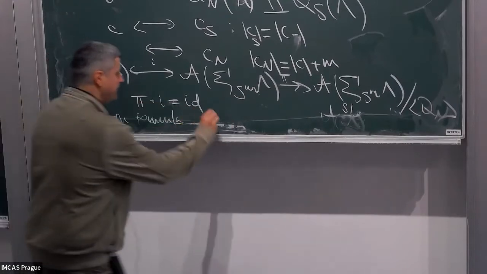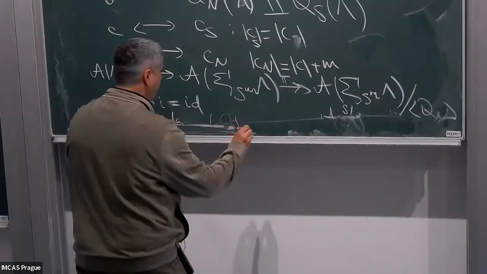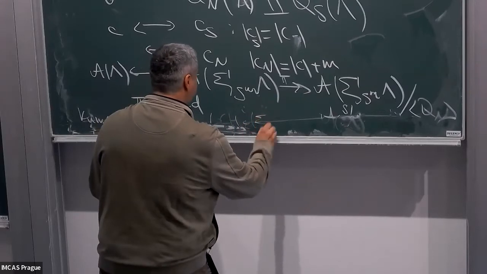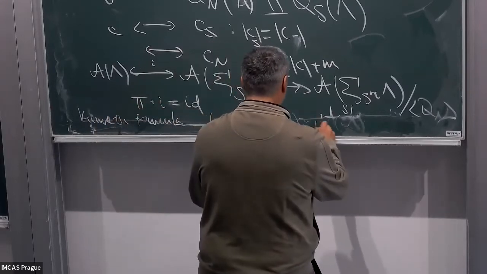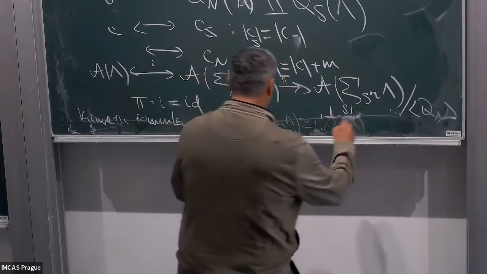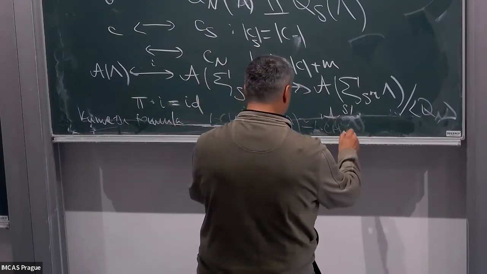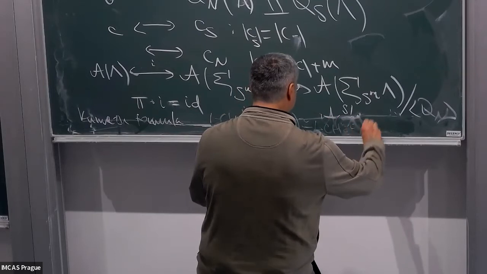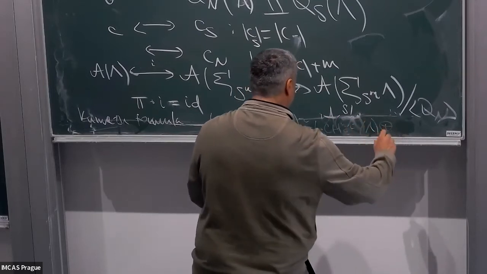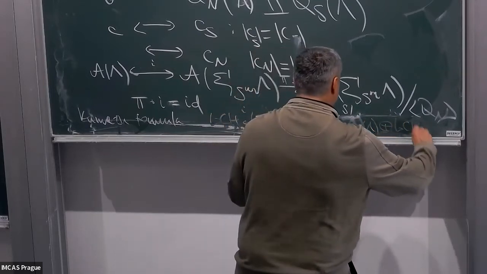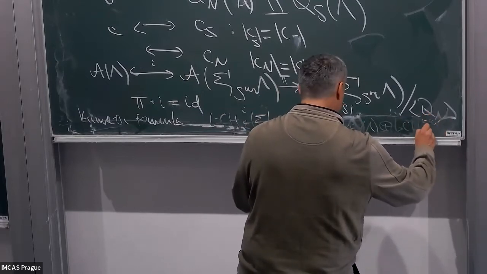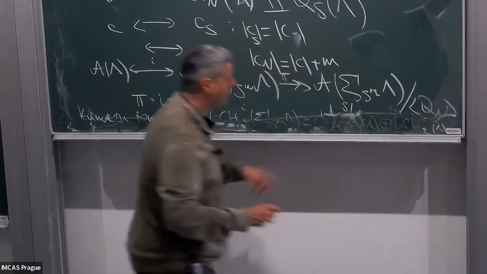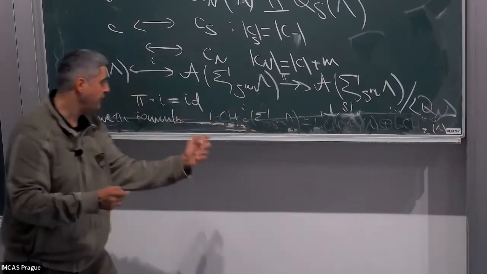So basically this will be something like LCH epsilon i of sigma Sm lambda is isomorphic to LCH epsilon i of lambda plus LCH epsilon i minus m of lambda. So we prove this formula.